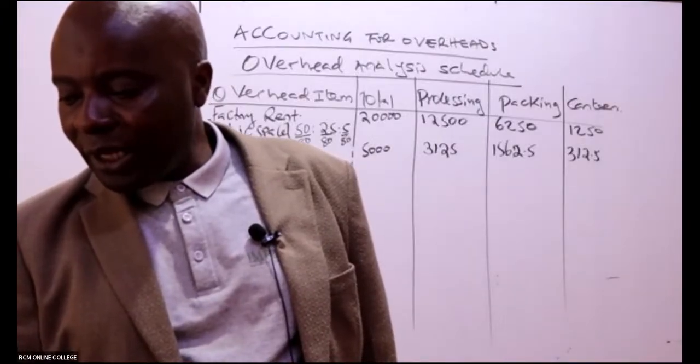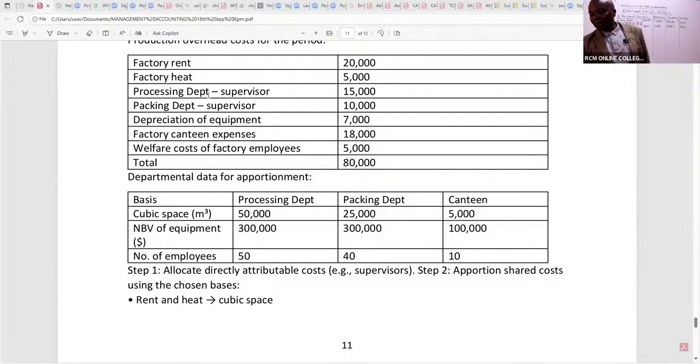The next one that they have given us here, they are calling it process department supervisor. Yeah, so supervisor salary, 15,000. What are we seeing about this supervisor salary?